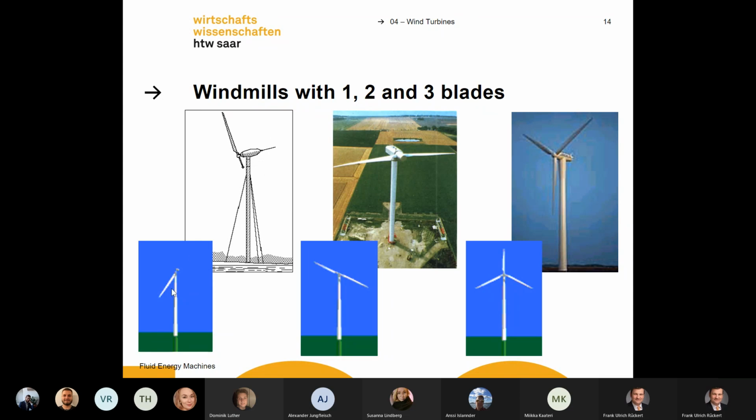That works. And in former times they did a lot of experiments. In the 1980s or 90s, they used 2 blades, 1 blade, and at last 3 blades. They even had more blades, but more blades are not really efficient. I will explain why.